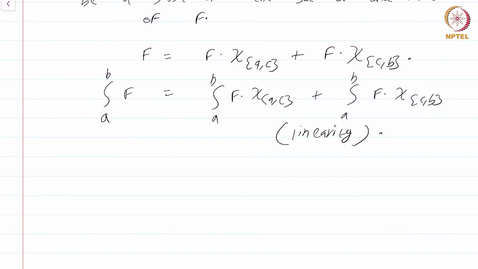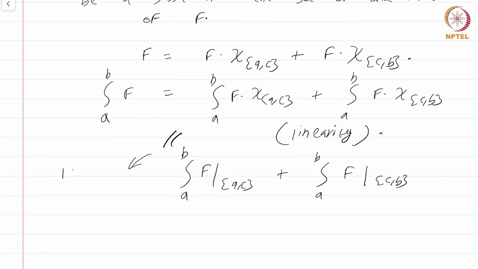Now, the little bit of thought part comes now. This is nothing but the integral from a to b of f restricted to [a,c] plus the integral from a to b of f restricted to [c,b]. So this is the part that requires a little bit of thought.